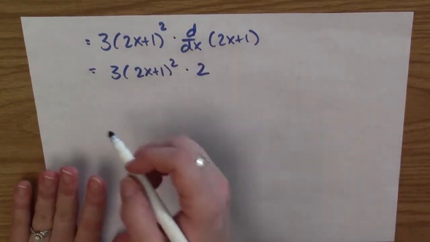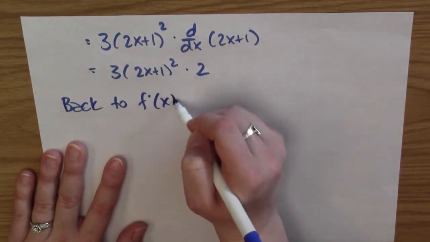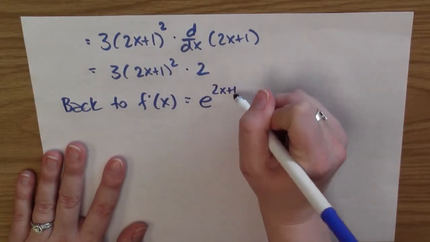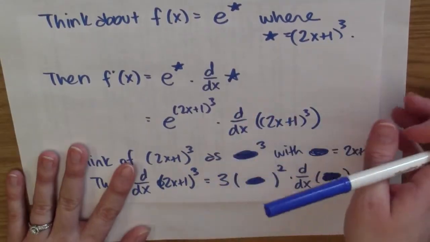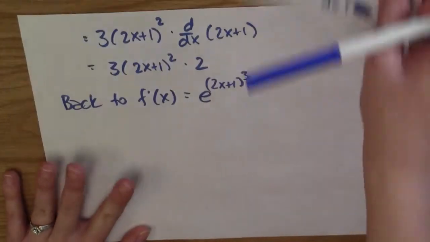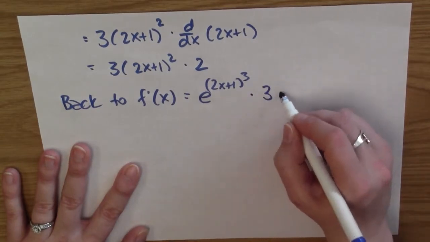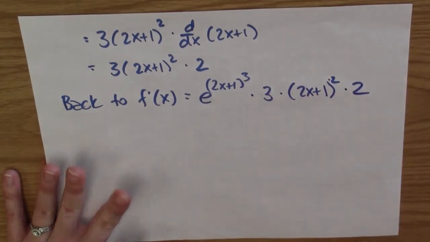So then going back to f prime of x, this is now e to the (2x plus 1) to the third power times, well, we need the derivative of (2x plus 1) to the third power, and that's exactly what we just found here. So times 3 times (2x plus 1) squared times 2.